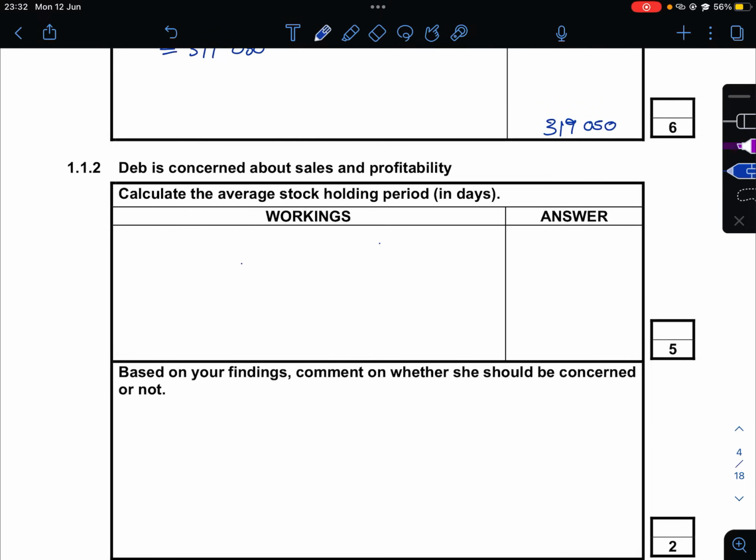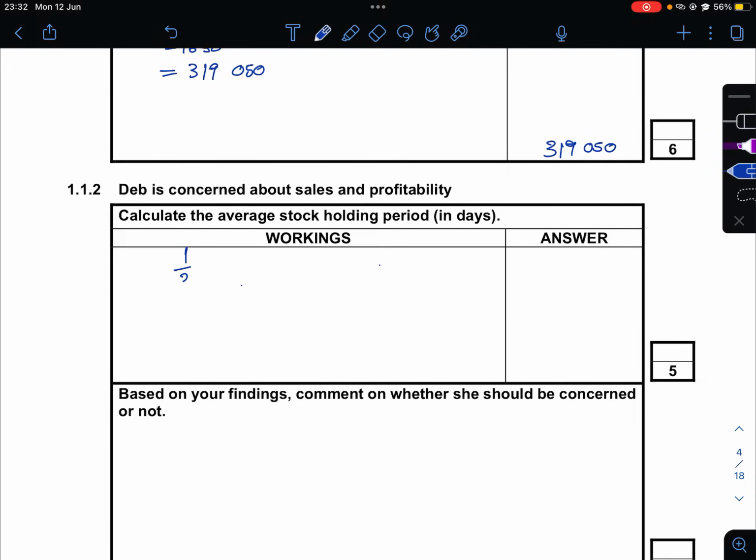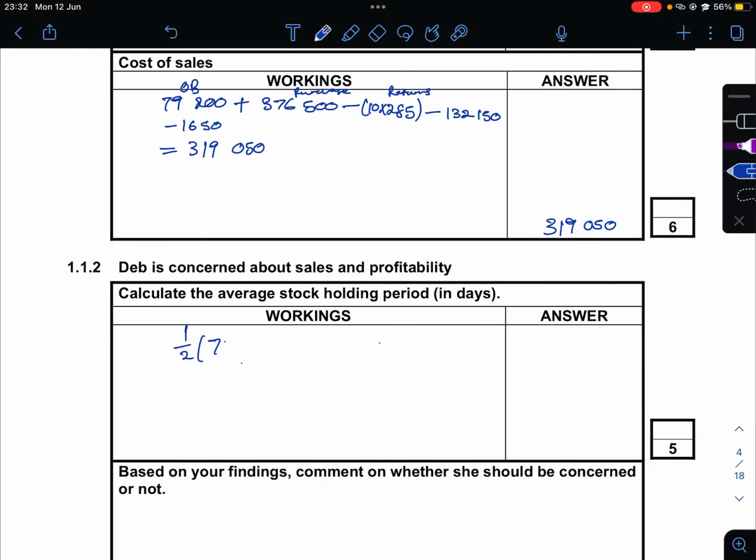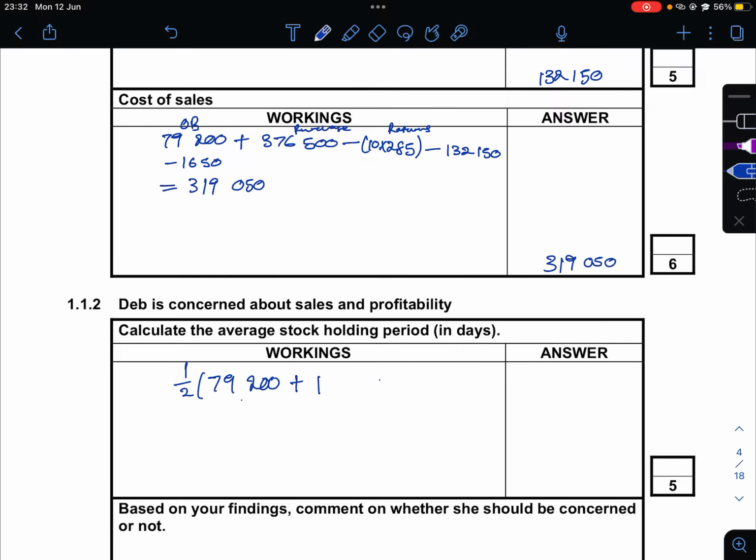So it's half of our opening stock, which was 79,200, plus our closing stock, which we just calculated, 132,150, over our cost of sales, which we calculated as 319,050, times 365 days.